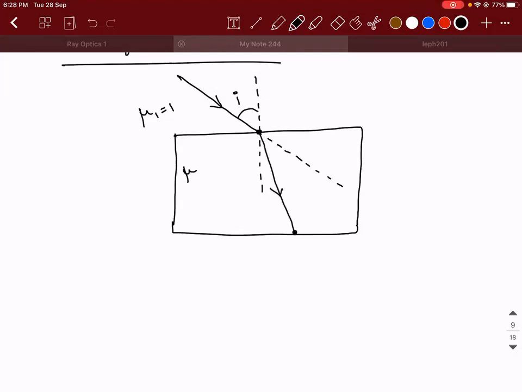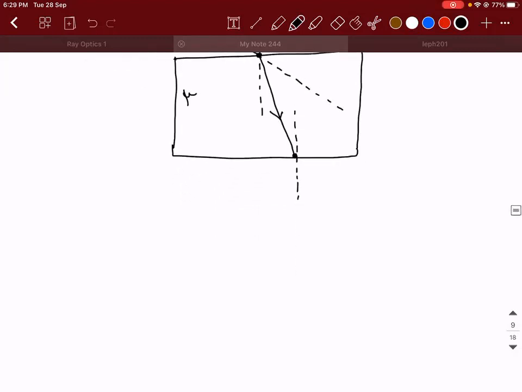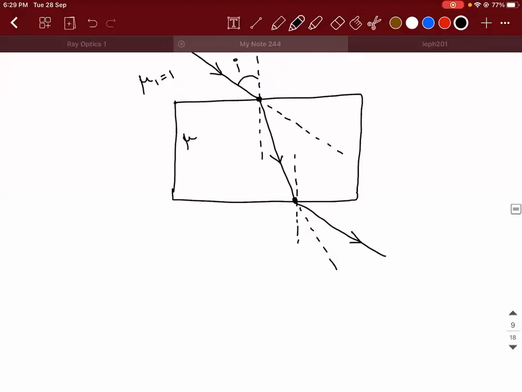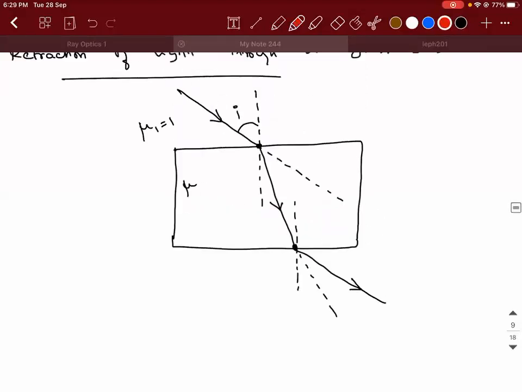Now this refracted ray will start acting as the incident ray for the second surface. Now what will happen at this point? The ray is traveling from denser to rarer. So it will travel away. So the first ray is called the incident ray.